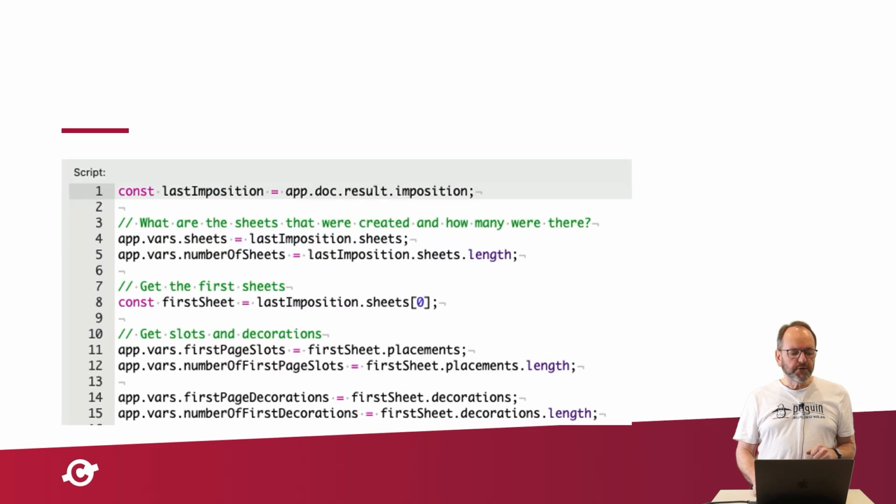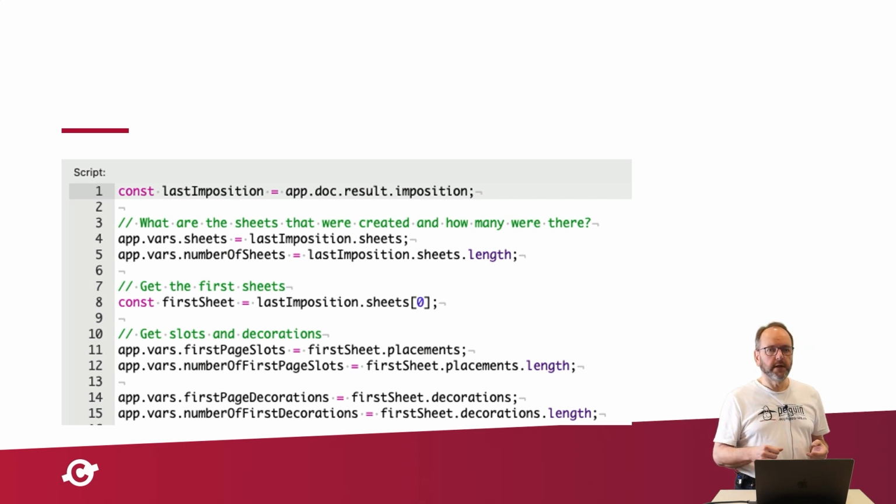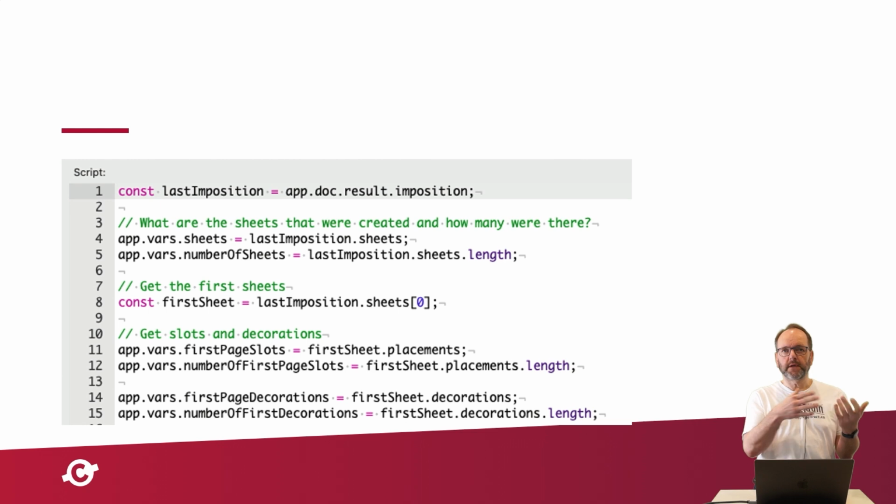Well, what also happens in pdfToolbox 16, and you might not need it as often because of this decoration functionality that I was just talking about, and the fact that you can now do a lot more in the imposition configurations themselves. But in 16, when you do imposition, the result of that imposition is saved in the app.doc object.